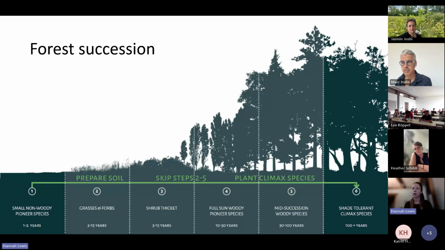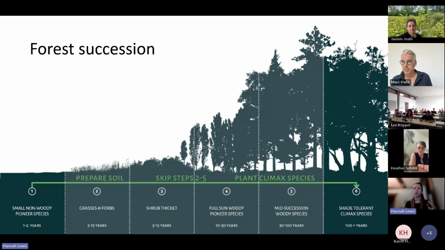And so we get to this later stage, the climax stage, where you have shade-tolerant plants that germinate in that nice shade that's been created. And then they grow up and take over the canopy, creating a really full shade.